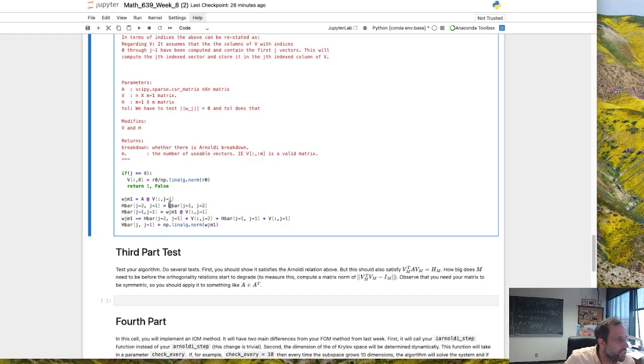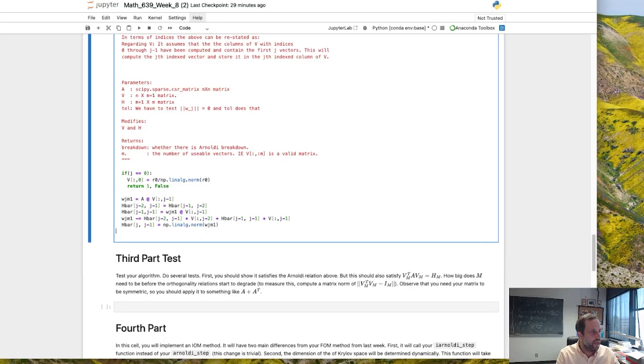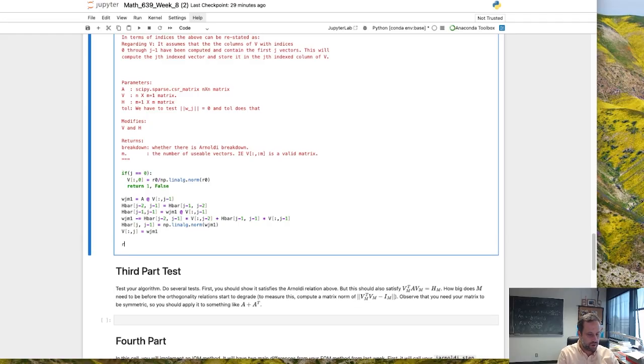So if j is equal to j plus 1, j minus 1 is equal to j, and j plus 1 minus 2 is going to be equal to j minus 1. Again, this is just because h is symmetric. See the lectures for why h is symmetric. And then finally, the next column is going to be equal to wj minus 1, and finally we're going to return j plus 1 and false.